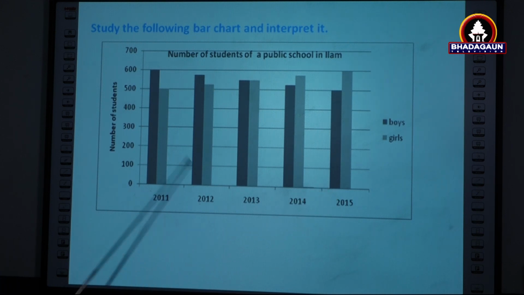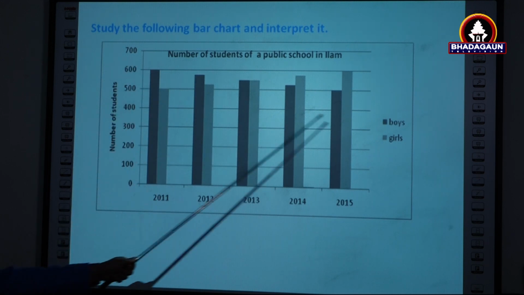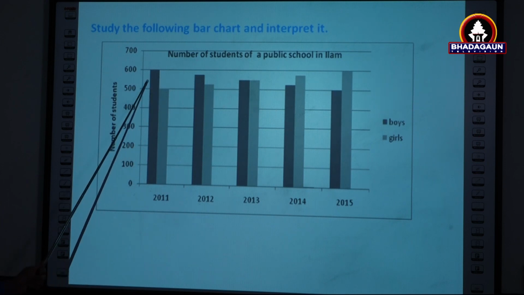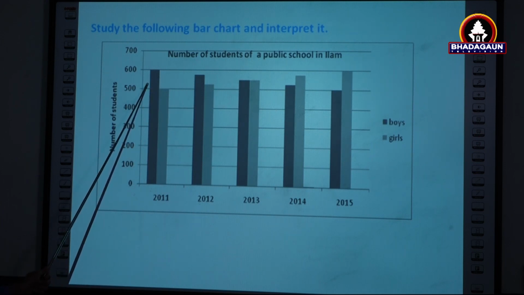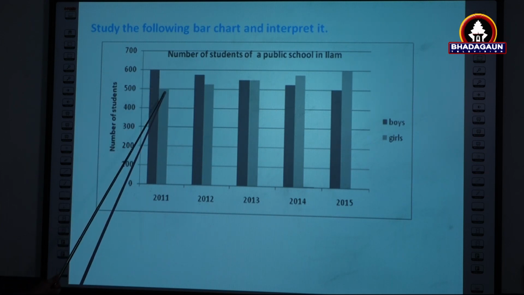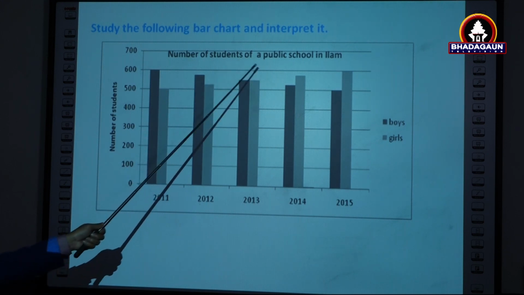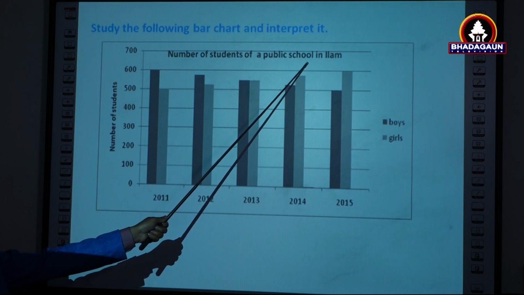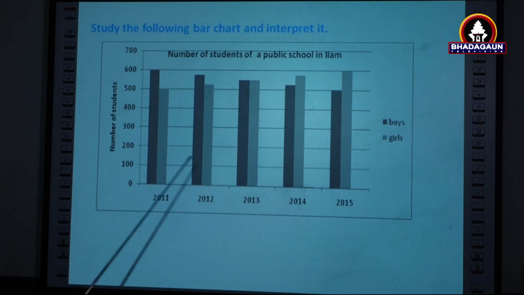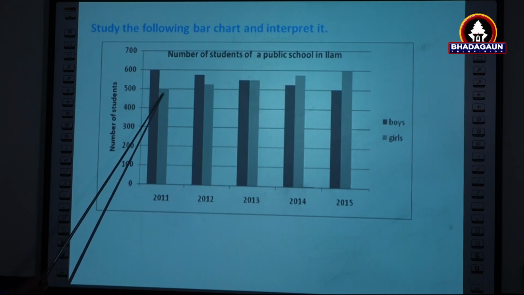Second paragraph: according to the bar chart, in 2011, 600 boys were enrolled, whereas only 500 girls were enrolled in that school. Total, how many? 1100, right?